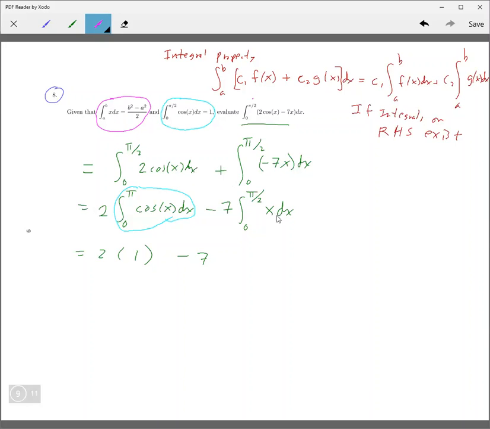X dx is going to be this. And so you have pi over 2 squared. That's b squared, so b is the upper limit, that's pi over 2, minus a squared, and that's all divided by 2.